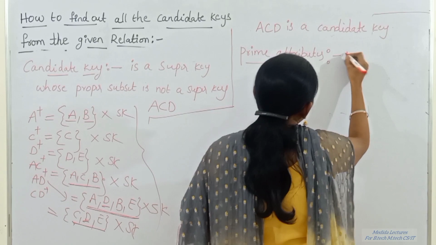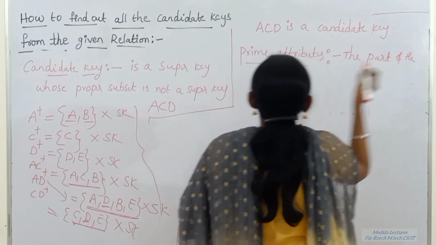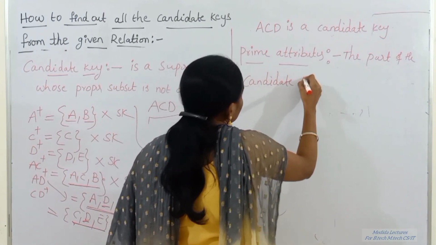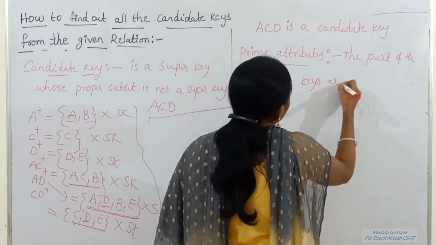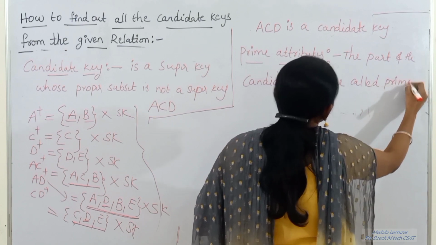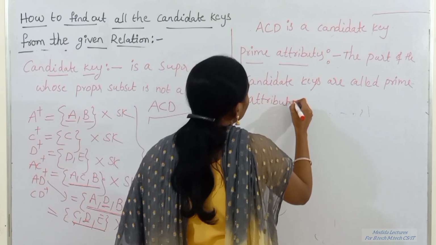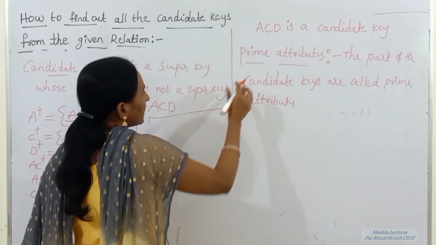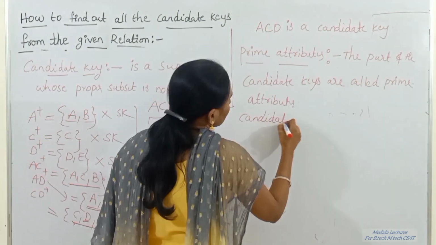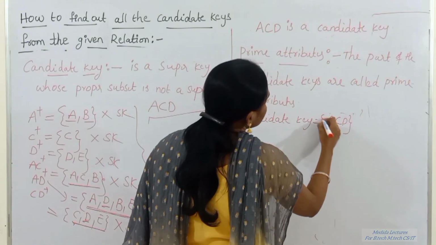The parts of the candidate keys are called prime attributes. So first, what is the candidate key? Here the candidate key is ACD.